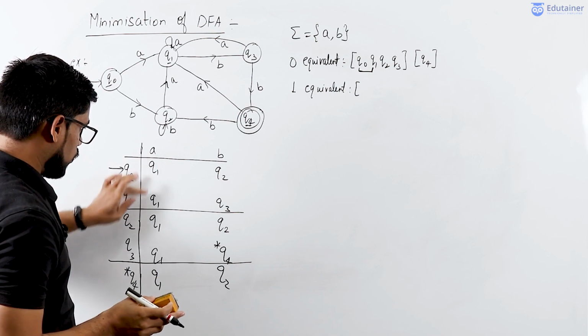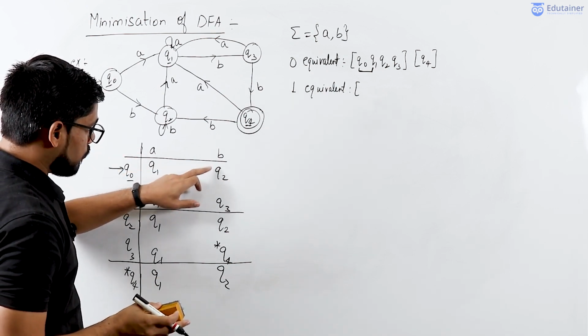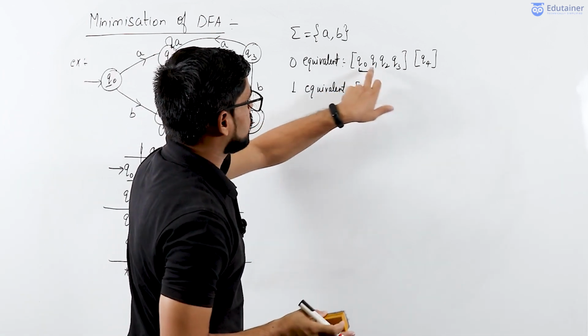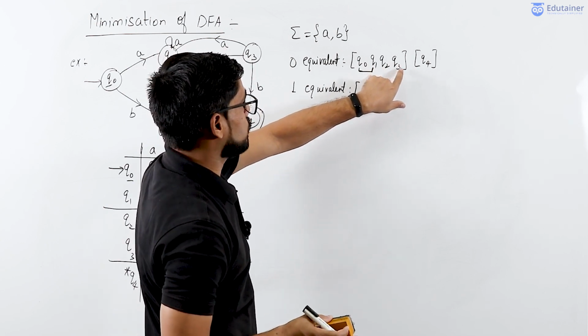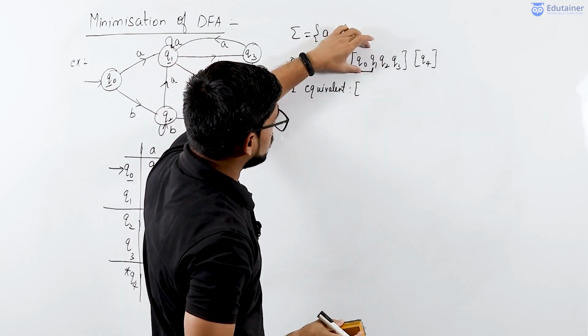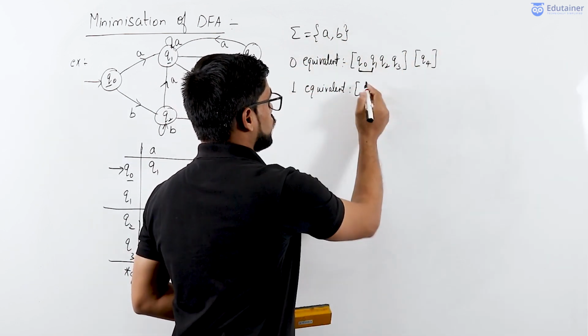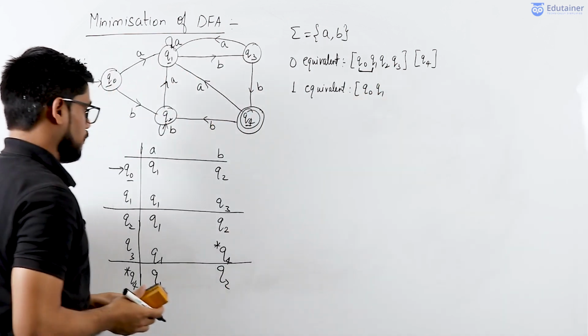On small a they go to the same state Q1, and on small b they go to Q2 and Q3. Q2 and Q3 are present in the same box, not in different boxes. So definitely Q0 and Q1 will come together in the one equivalence set.